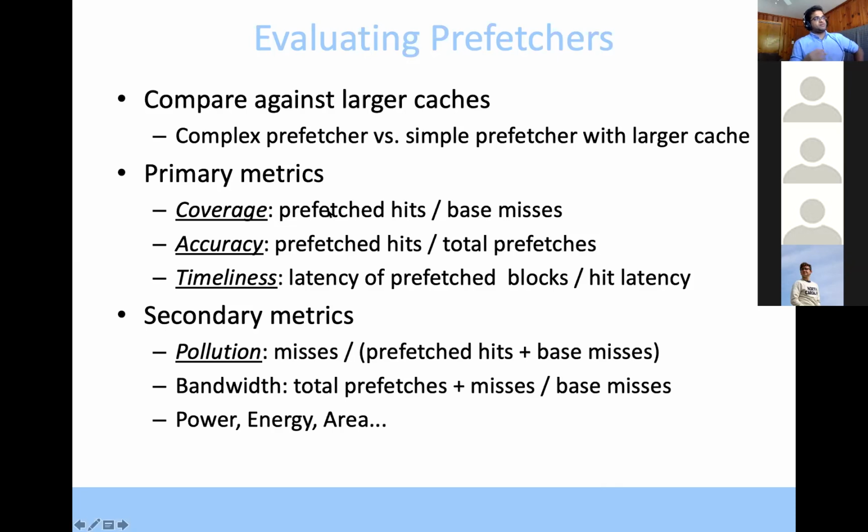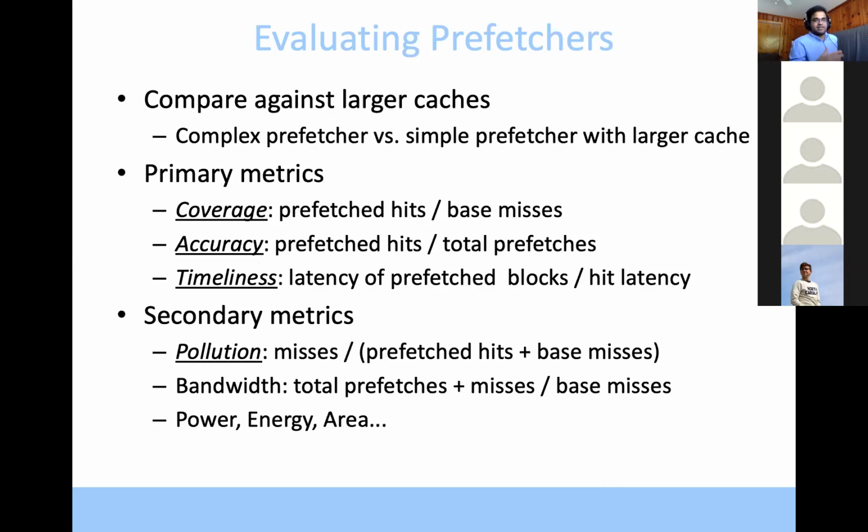Now, that's one dimension that people look at. Other things that people look at are coverage, accuracy, and timeliness. Coverage is how much of the data access space your prefetcher covers.